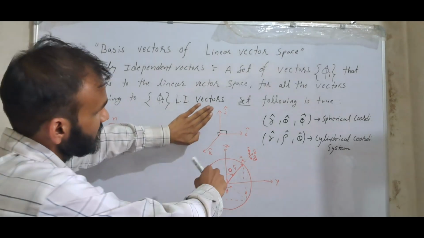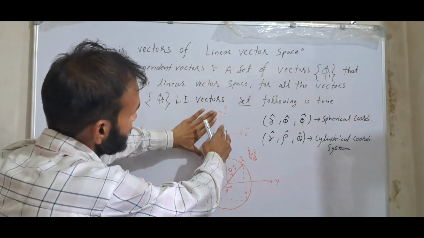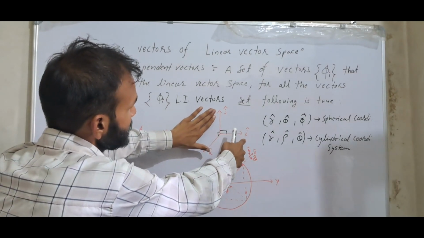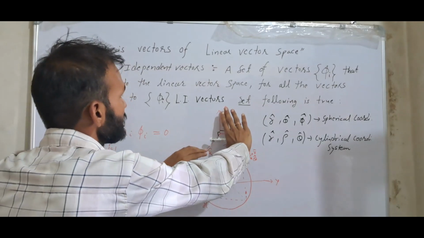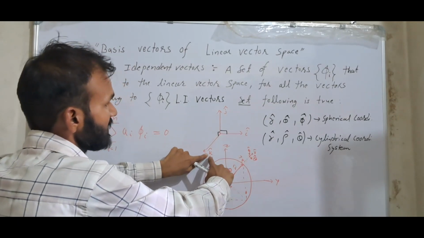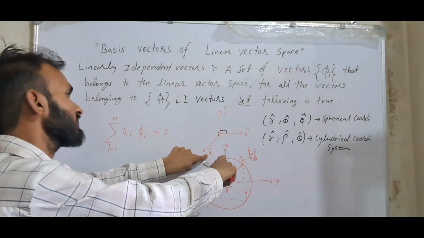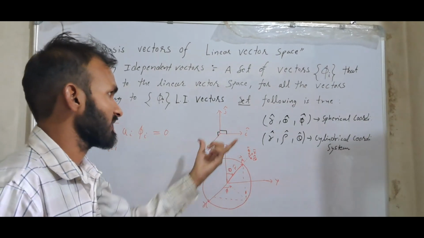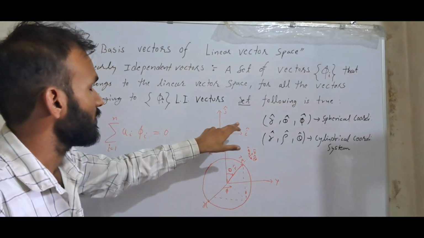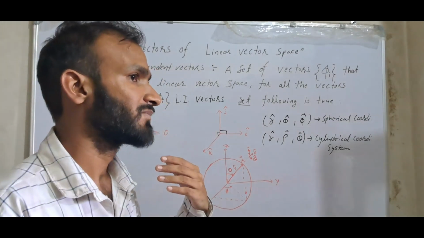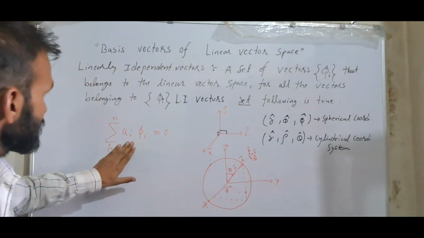For example, this plane is making a 90-degree angle with this i vector, and the i-j plane is making a 90-degree angle with the k vector. So every plane that exists in 3 dimensions is making a 90-degree angle with the other vector that is left.